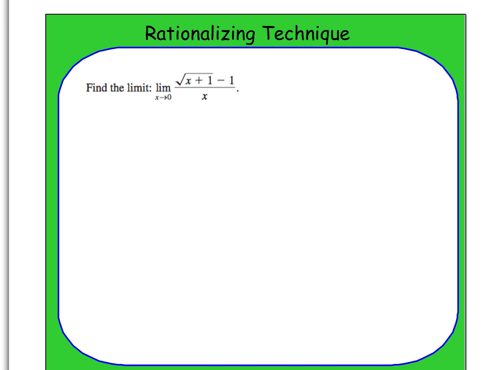All right. So what do we do? We multiply by its what? Conjugate. All right. So we need to multiply by its conjugate. So what is its conjugate? Square root of x plus 1 and then plus 1 over the square root of x plus 1 plus 1. And so now, because we multiply by the conjugate, it's just like the F and the L of the FOIL.